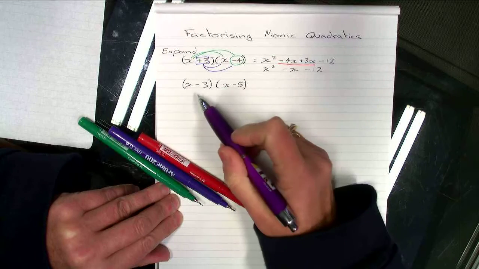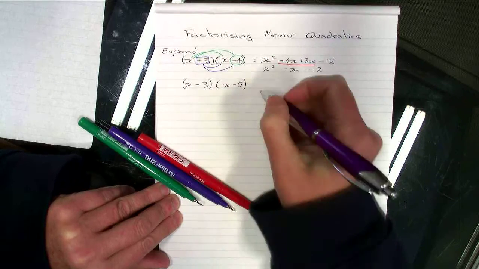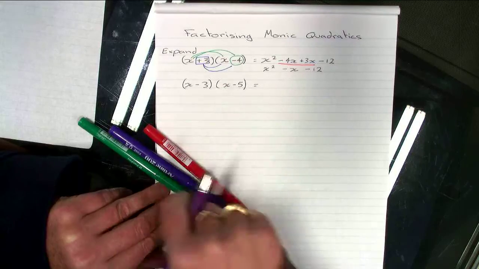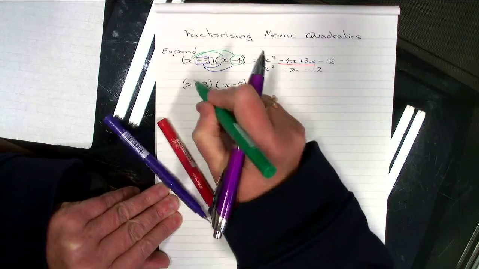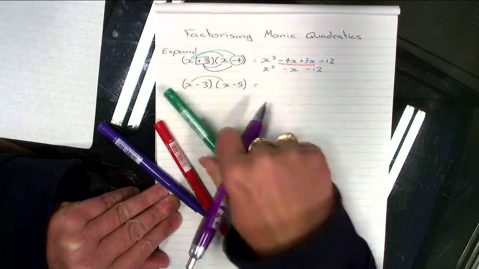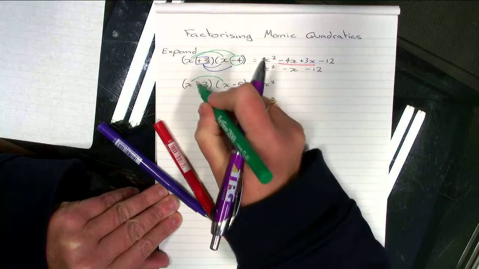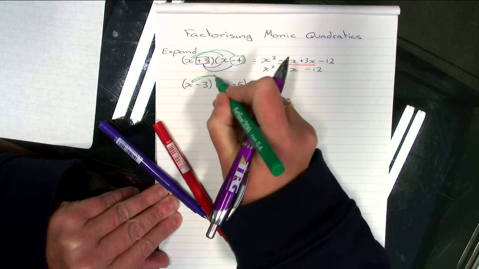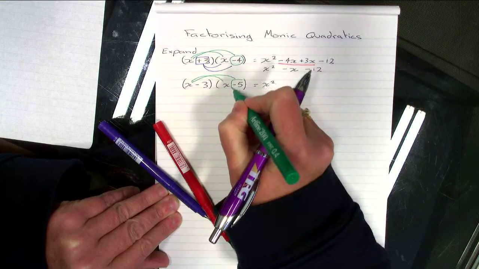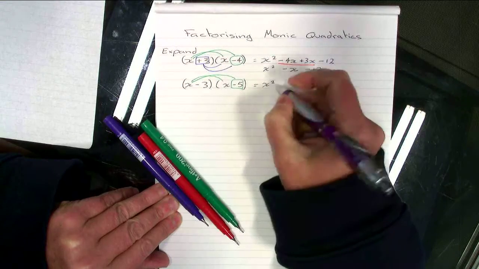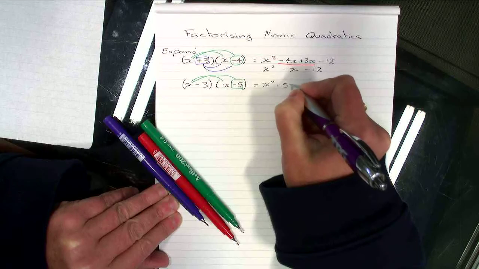Now in this one we have a minus in both sets of brackets. So again we use the distributive law. X times x is x squared, and then we multiply our outside terms. X times minus 5 is minus 5x.